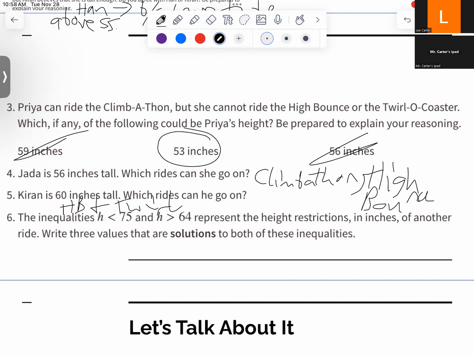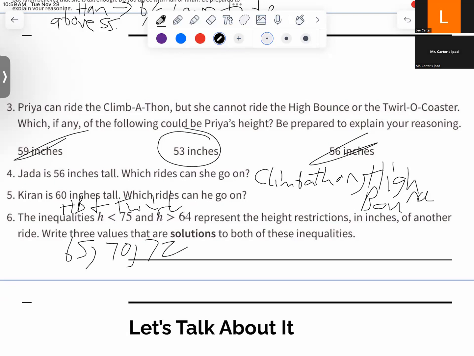Okay. So the inequalities: H is less than 75, height has to be less than 75, and height has to be above 64, represent the height restrictions of another ride. We need to write three heights that could be solutions to both of those inequalities. Okay, so you got to be above 64 and less than 75. So three that are between that would be solutions, say 65, 70, 72.